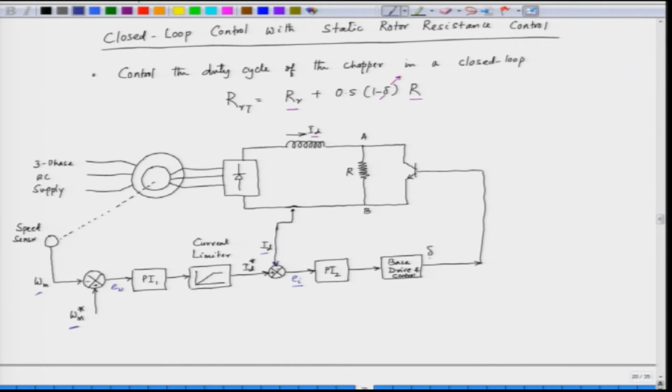So, we ultimately control the duty cycle of the chopper, so that the current ID is adjusted. This shows a closed loop block diagram of a static rotor resistance control of a slip ring induction motor. Now, this is employed for very large power application.